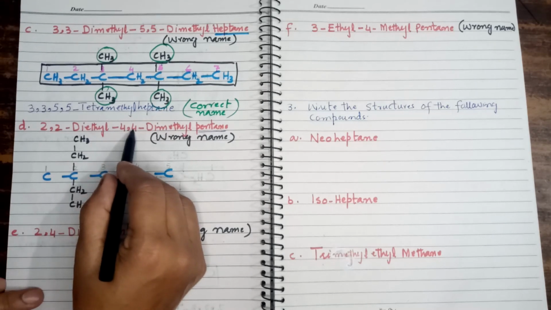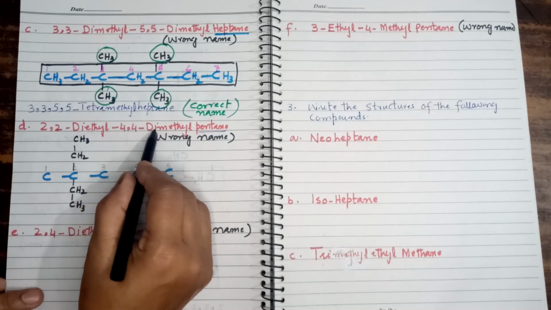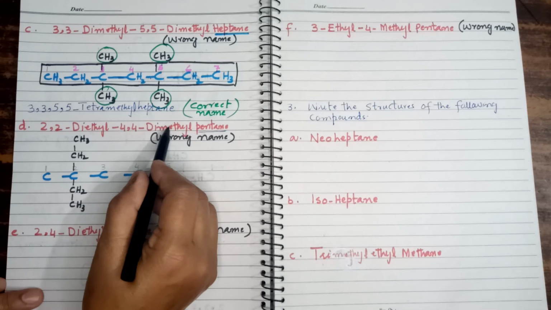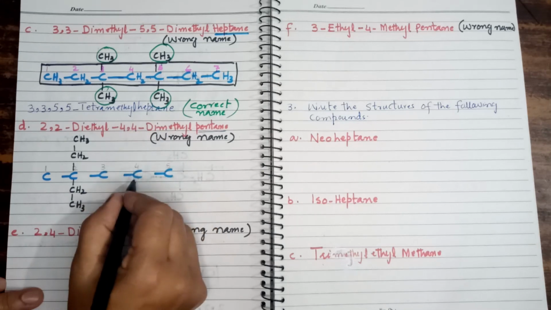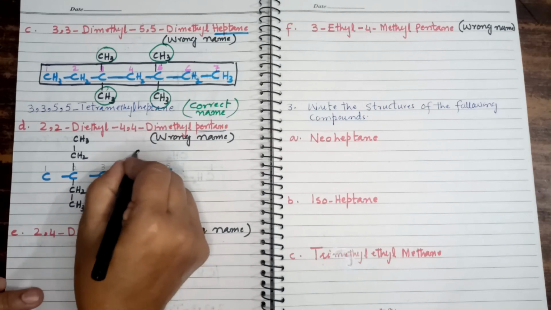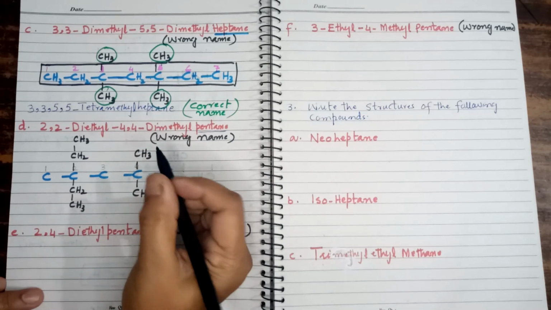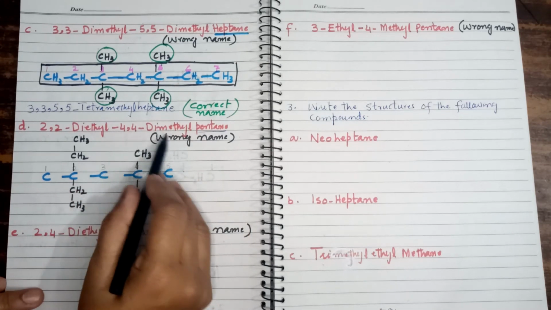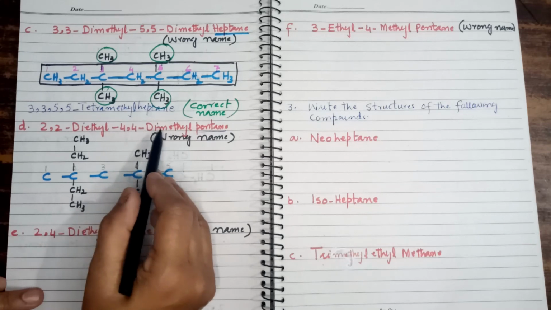Then 4,4-dimethyl. It means we have 2 methyl radicals and both are attached with carbon number 4. Right, students? We attached all the alkyl radicals which are given in the name.